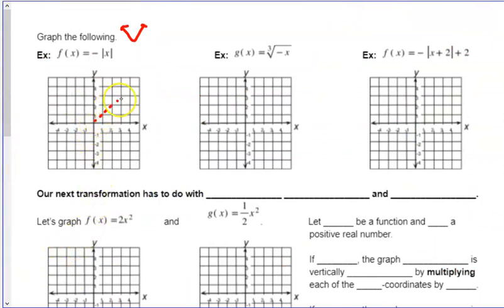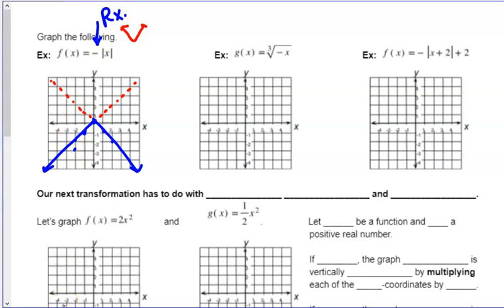So here is the original, and just by knowing that I have that negative on the outside, I can immediately reflect that over the x-axis. Now instead of it going up, it is going down. So I end up having all of those points reflected over the x-axis. So instead of plugging in all those values, all you have is this pattern, knowing that this is a reflection over the x-axis. Okay?